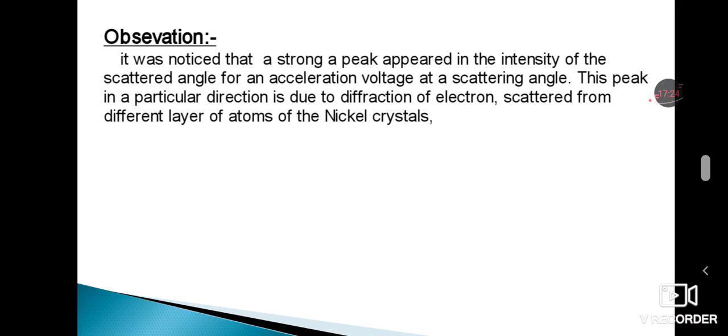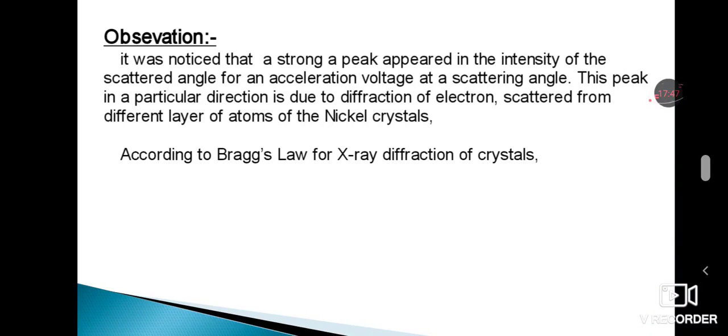It was noticed that a strong peak appears in the intensity of the scattered electrons for a particular acceleration voltage at a particular scattering angle. This peak in a particular direction is due to the diffraction of electrons, which are scattered from different layers of atoms of the nickel crystal.